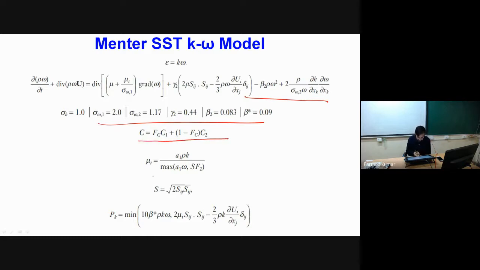Moreover, while calculating the value of turbulent viscosity, its formulation is also modified. So Menter's SST K omega model is an improved version of the Wilcox K omega model, which improves stability by decreasing the sensitivity of the equation to the inflow or far stream specified boundary conditions of omega.